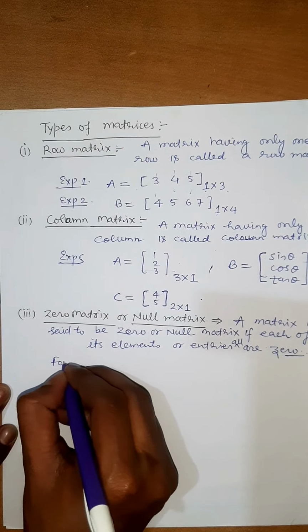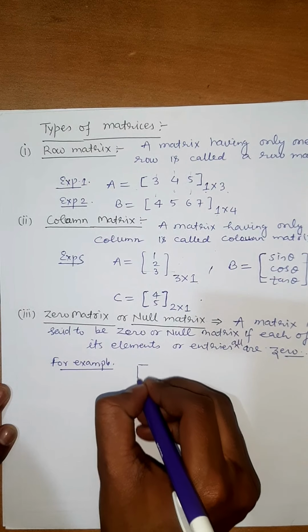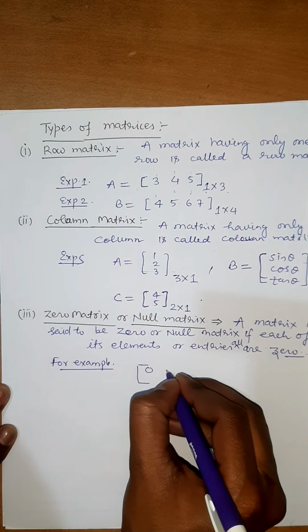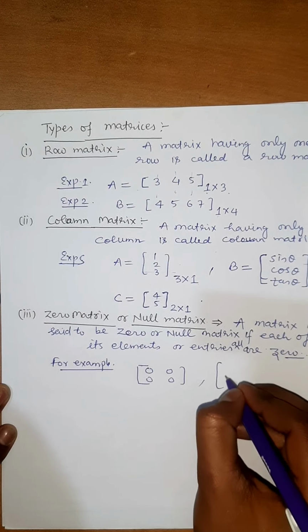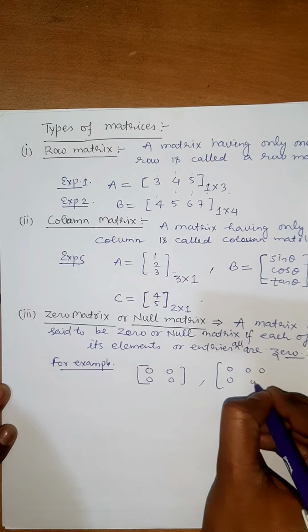For example, a matrix having each entry 0 looks like this type of matrix: 0 0, 0 0, and 0 0 0. So zero matrix is simply denoted by O. And order of this matrix is 2 cross 2 and this is 3 cross 3.